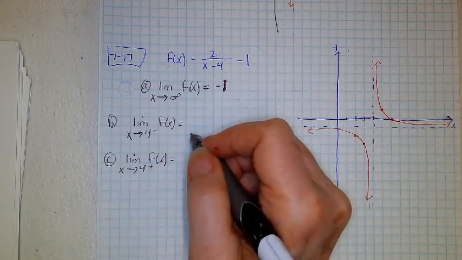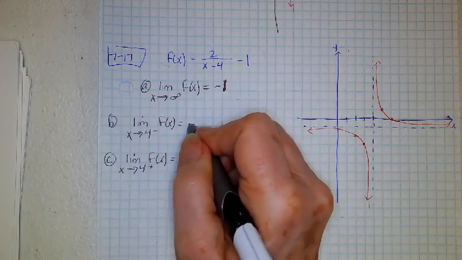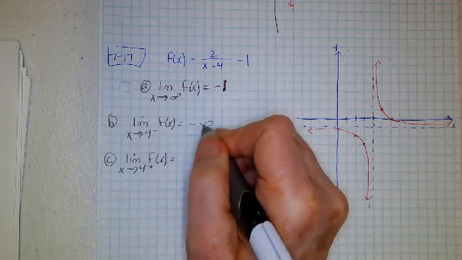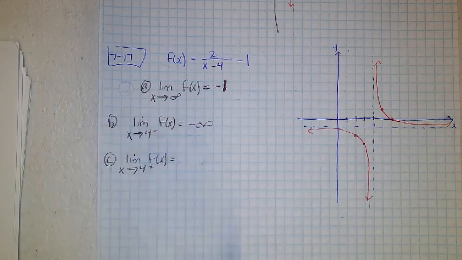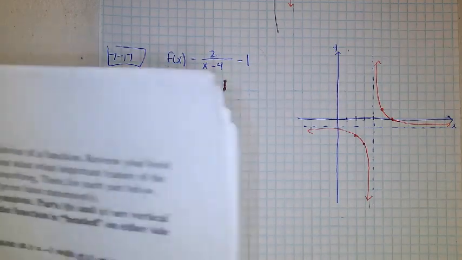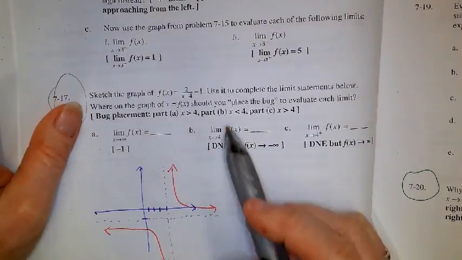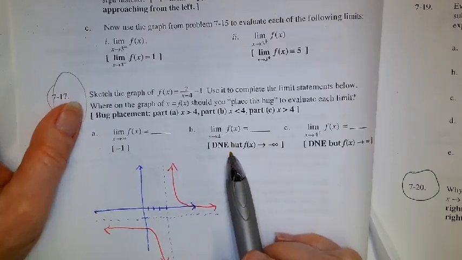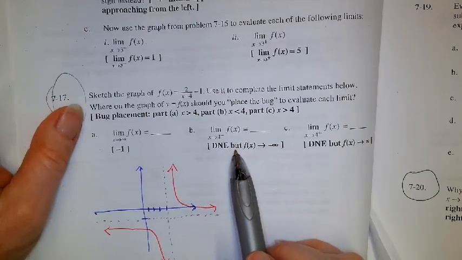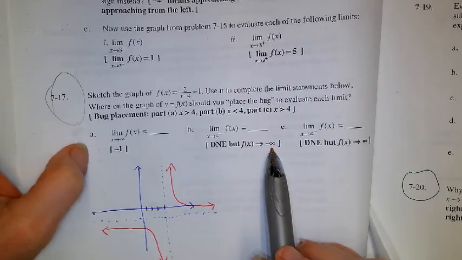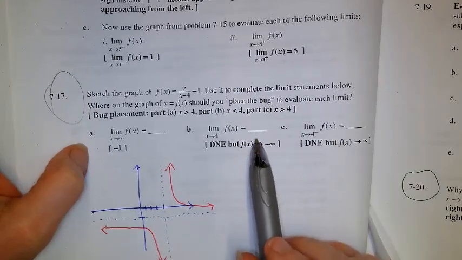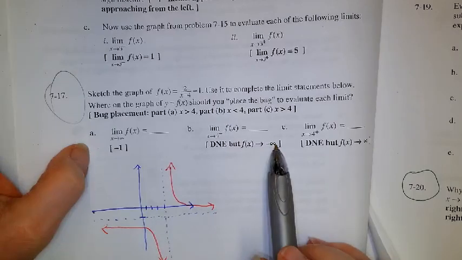So I could say that the answer is -infinity, but your answer book will tell you a different way. Your answer will say DNE, which means does not exist, but f of x goes to -infinity. So we just wrote -infinity.